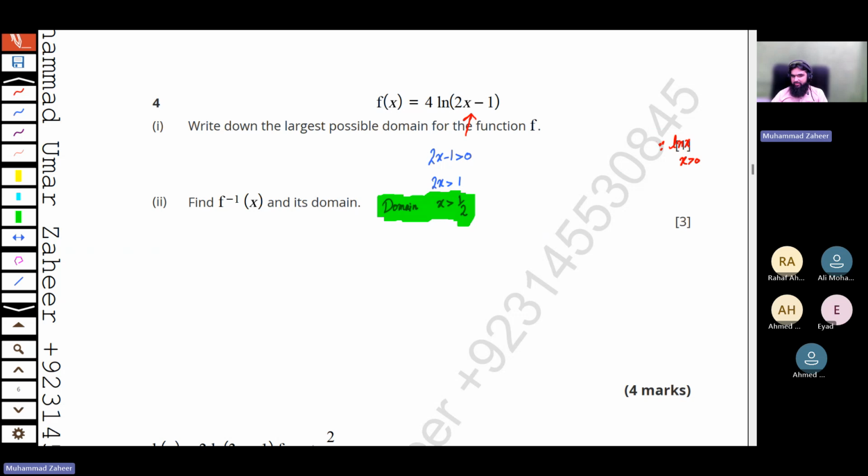The largest possible domain is obviously going to be infinite in values. So all the values that are greater than 1 by 2 are going to be in the domain of this function.